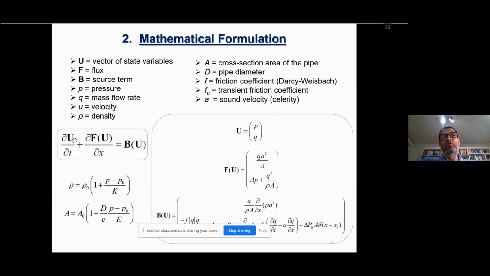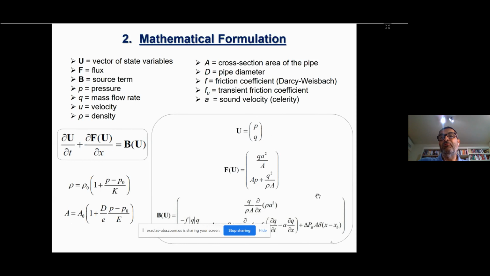Here, u is the vector of state variables, given by the pressure P and the mass flow rate Q. The density can vary because of the large pressure oscillations, and the same thing with the area of the pipe. It may change in size.